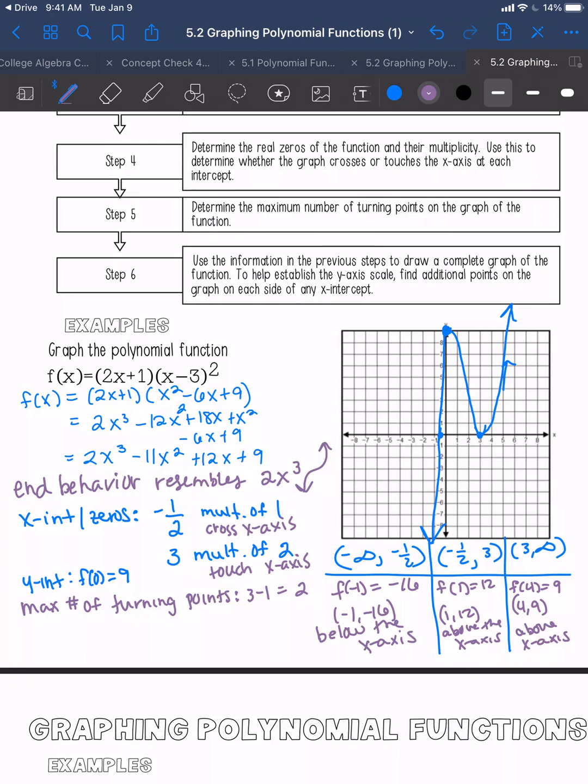Negative 1, negative 16, we can't really add. 1, 12, we could add. So actually, we should have done this. And then 4, 9. Because really our turning point is all the way up here. So our graph should have been like that. It should be more of the purple line, not the blue line. If we were graphing it by hand, that is what you would want to do to make sure you get an accurate graph there.